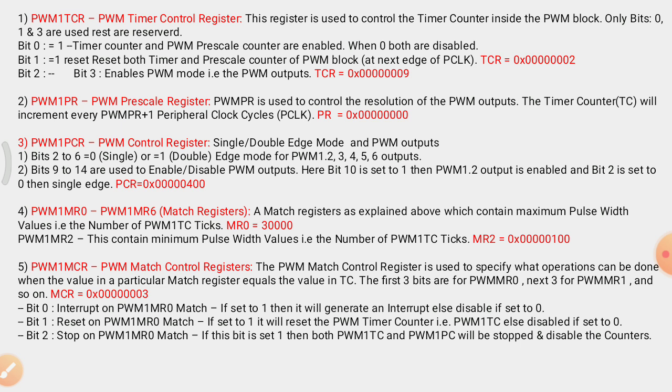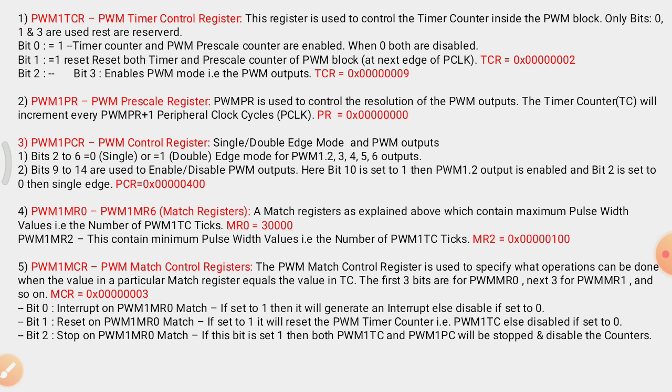We have 6 outputs, 6 channels in this PWM. There are 2 PWMs, PWM0 and PWM1. In each PWM there are 6 outputs. Basically we are going to use PWM 1.2.